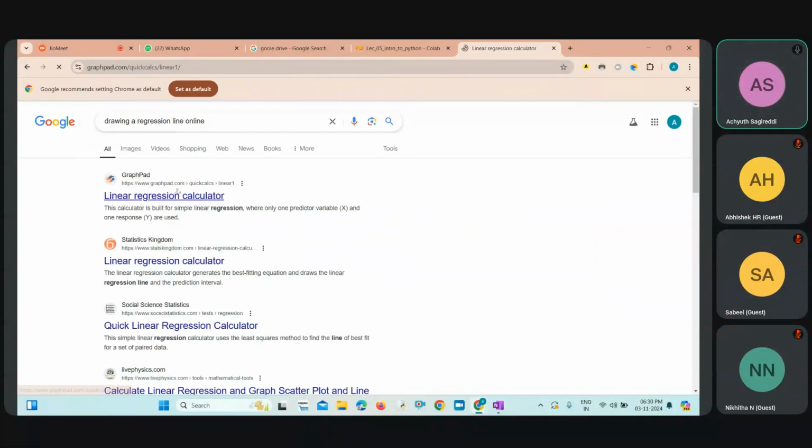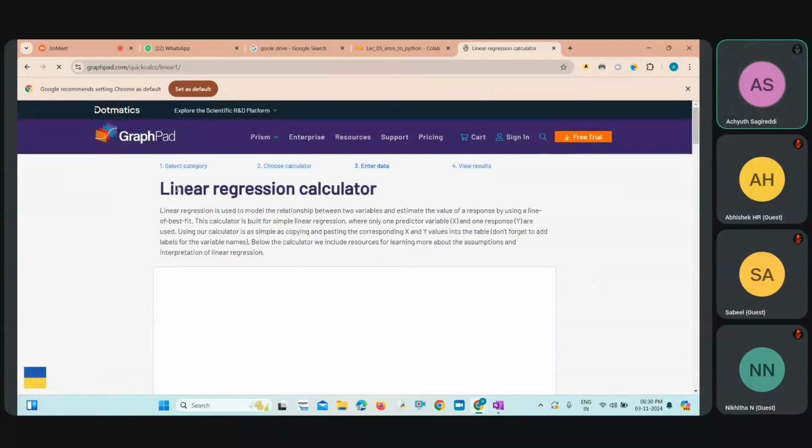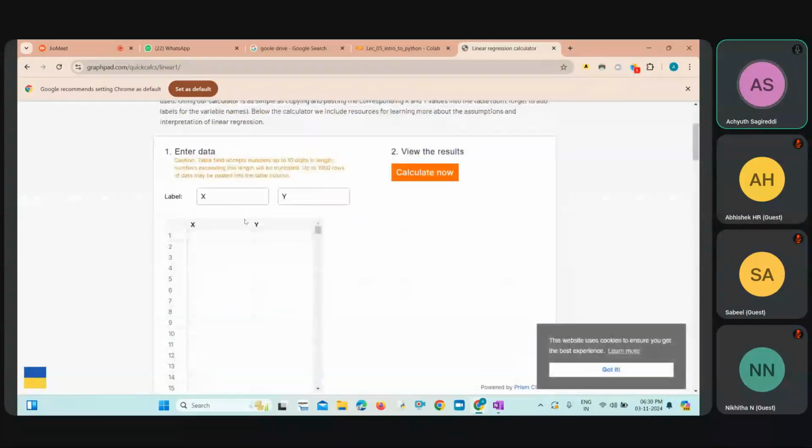Yeah, linear regression calculator. Here we'll see what the x values are. I hope 1, 2, 3, 4, 5, right? What are the corresponding y values? The y values are 2, 3, 5.